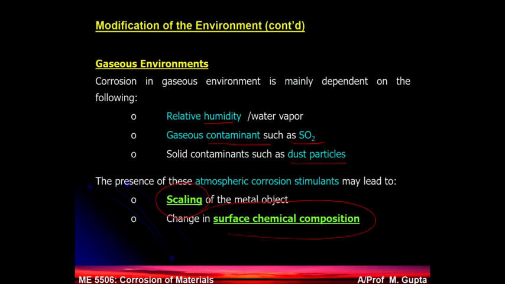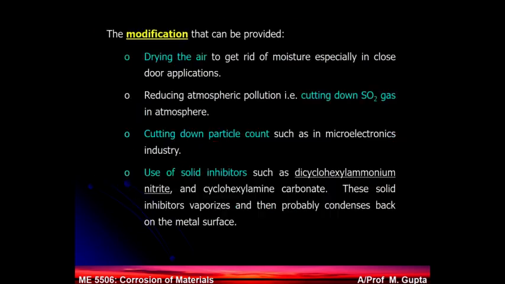And they can even change the surface chemical composition, because once they react, if sulfur reacts with iron, it makes iron sulfide, so the composition is automatically changed. If it is only oxygen and water, then of course iron hydroxide will form. So what can we do? Dry the air.